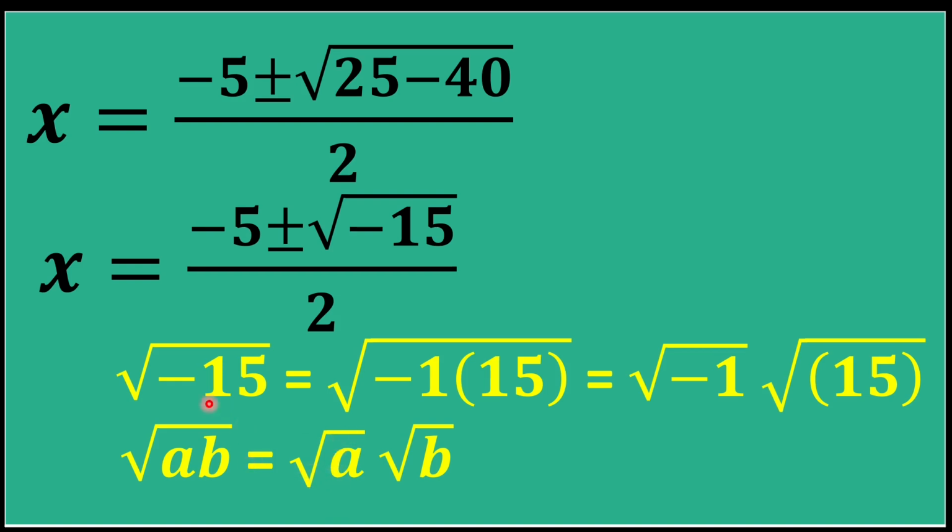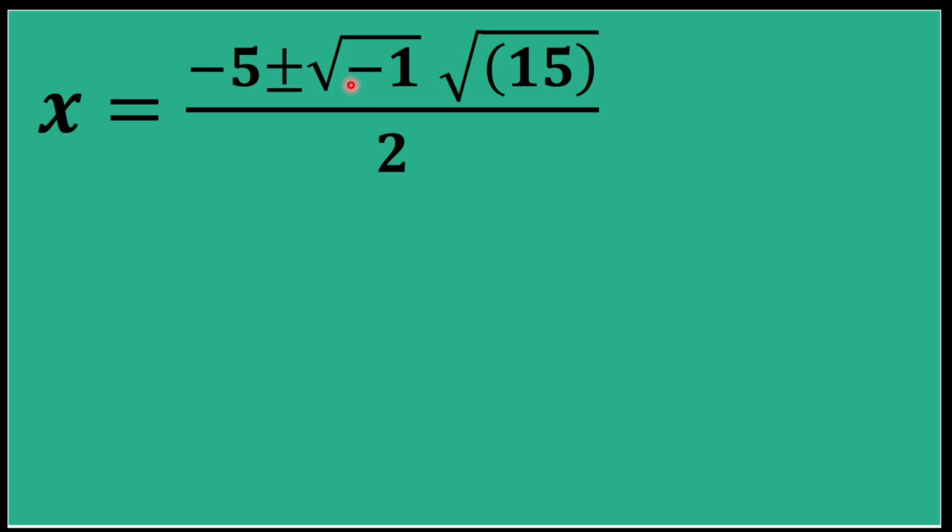So therefore we can write this minus 15 like this, minus 1 into 15, which is again equal to minus 15, and similarly we can write this because of the formula. So now it means that we can write this under root minus 15 like this. So let's write it.